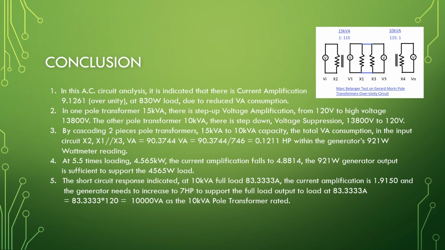The current amplification is 1.9150, and the generator needs to increase to 7 horsepower to support the full load output at 83.3333 ampere. That is 83.3333 times 120, equal to 10,000 VA, as the 10 kVA pole transformer is rated.